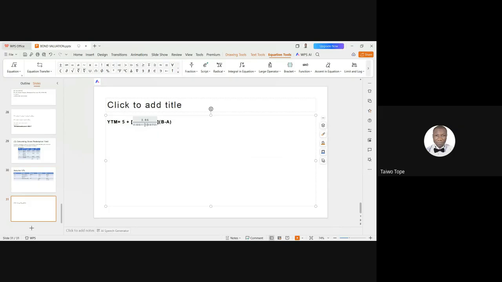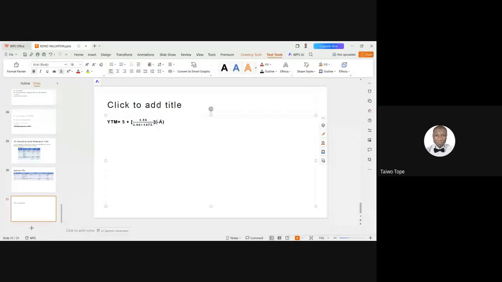Minus multiplied by minus, we change to plus. So this will now be plus. So the higher discount factor, 10, minus 5. What will be your answer?